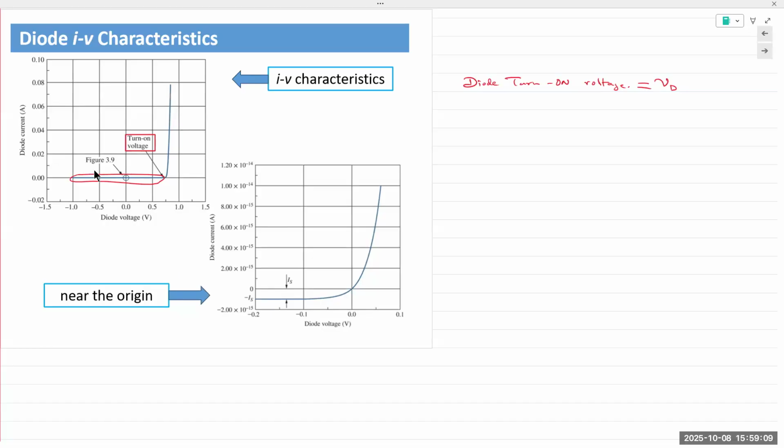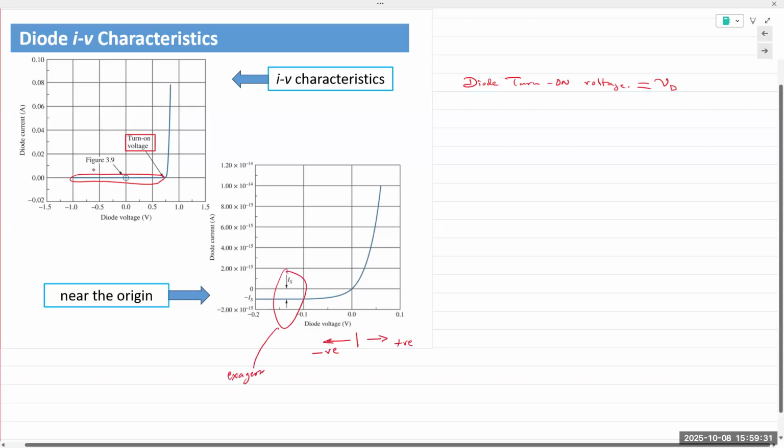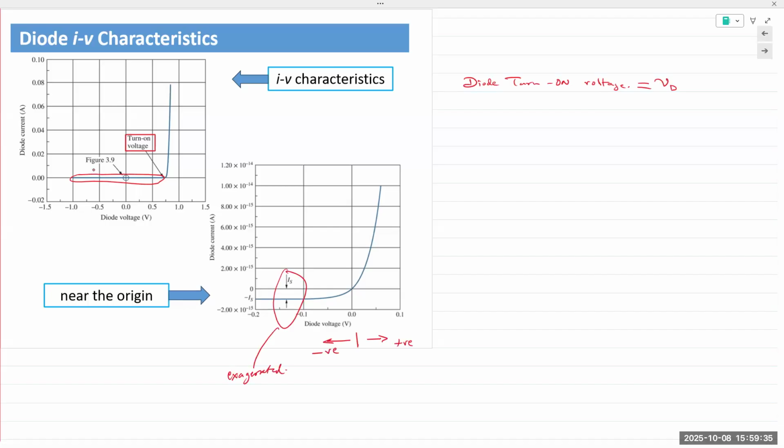Near the origin, the diode characteristics always pass through the origin. So for 0 volts, you have 0 current. So this is positive voltage. This is negative, and this is exaggerated. It's very, very small. And you will see this in lab 3. How many of you are done with lab 3, by the way?